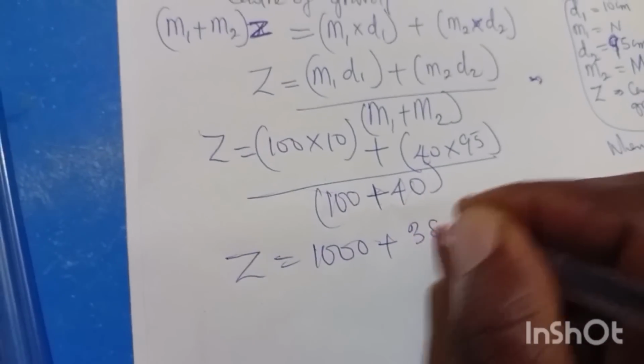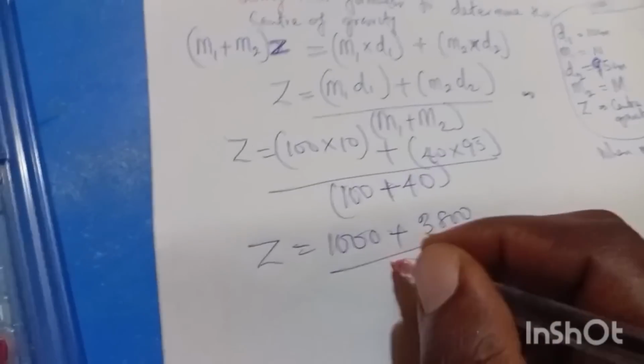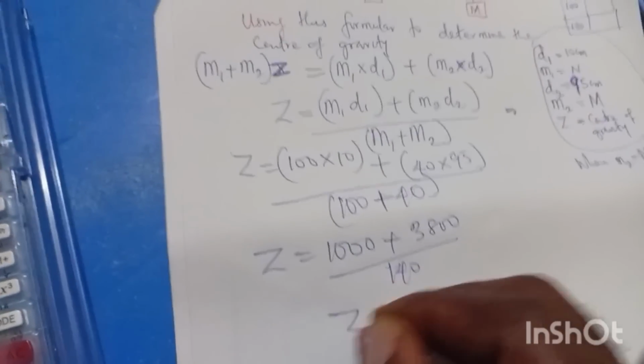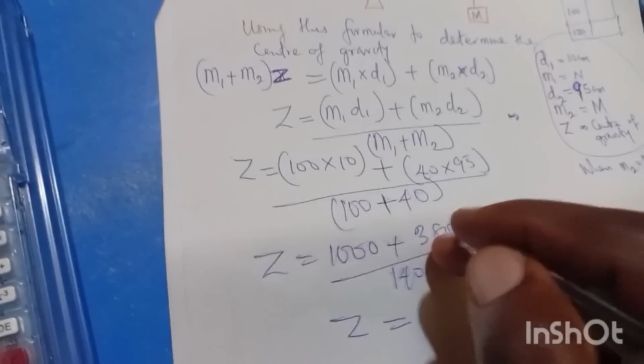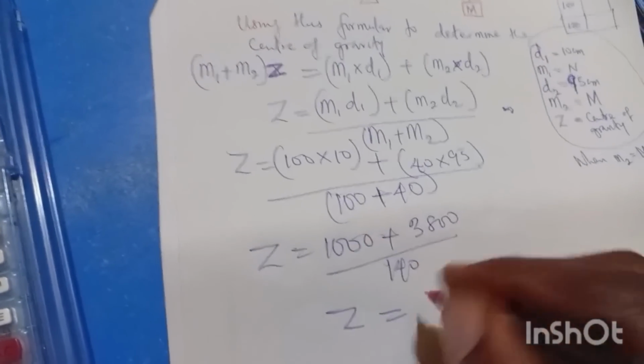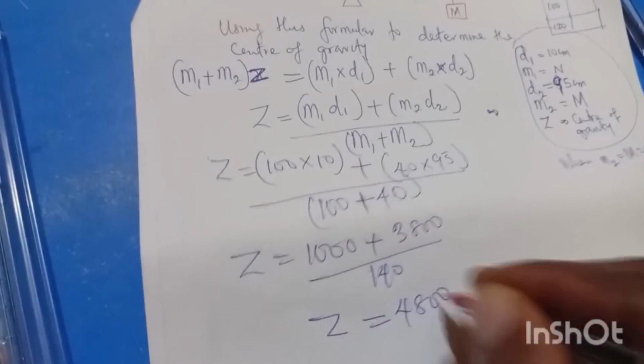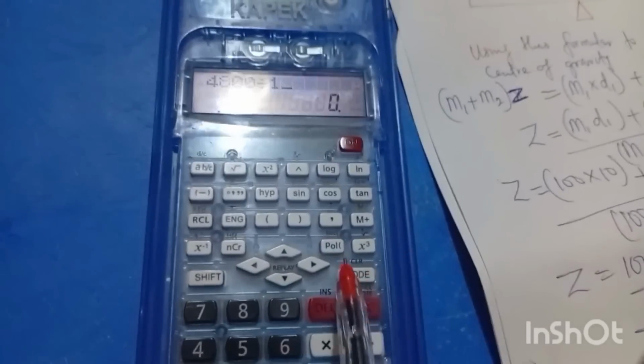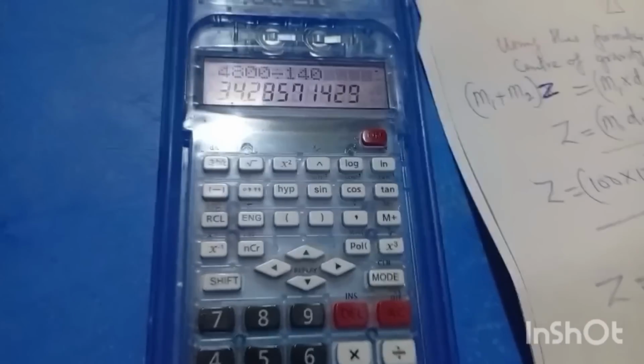This is 3800 over 140. That is z equals 3800 plus 1000. That is 4800 divided by 140. So 4800 divided by 140, what do I have there?